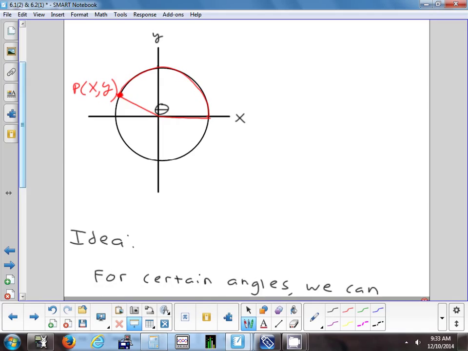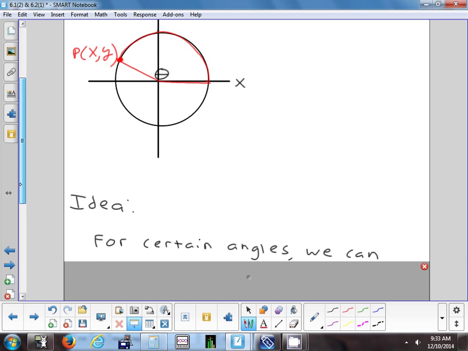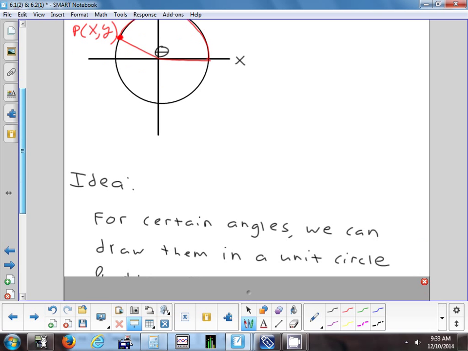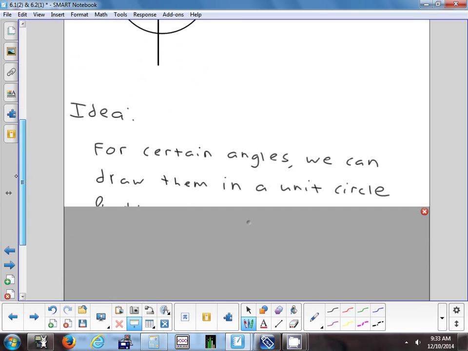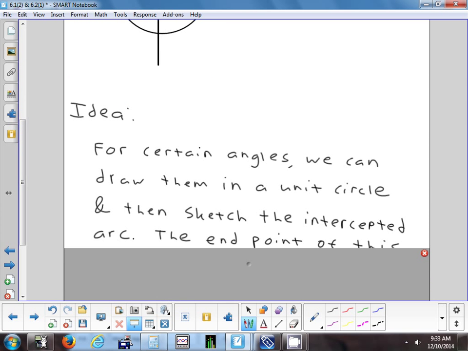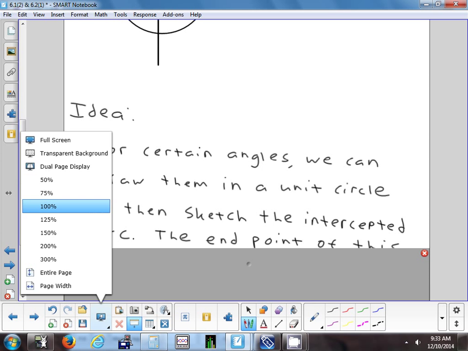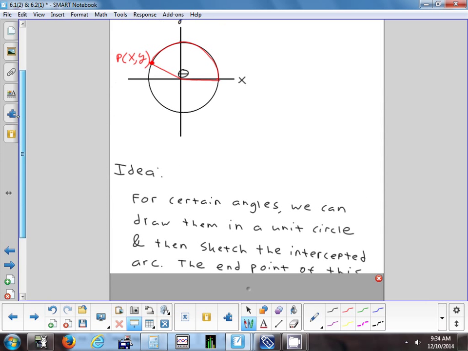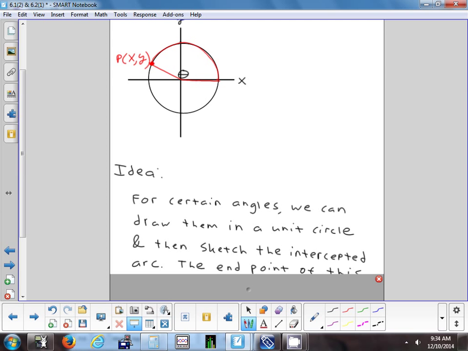Okay, so what we're going to do for certain angles, we're going to be able to draw them on this circle. Circle right there. And we're going to be able to sketch that intercepted arc. Okay. On my picture, the intercepted arc, it's that curved red arc on the circle.